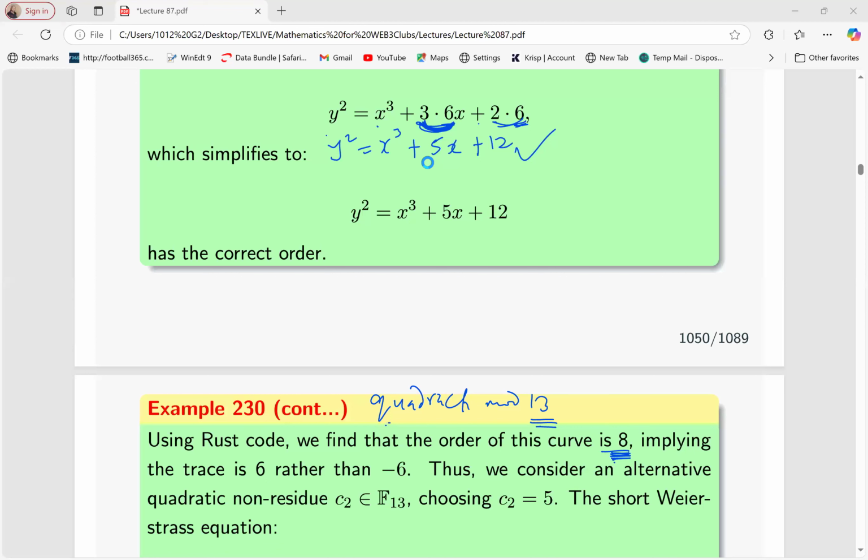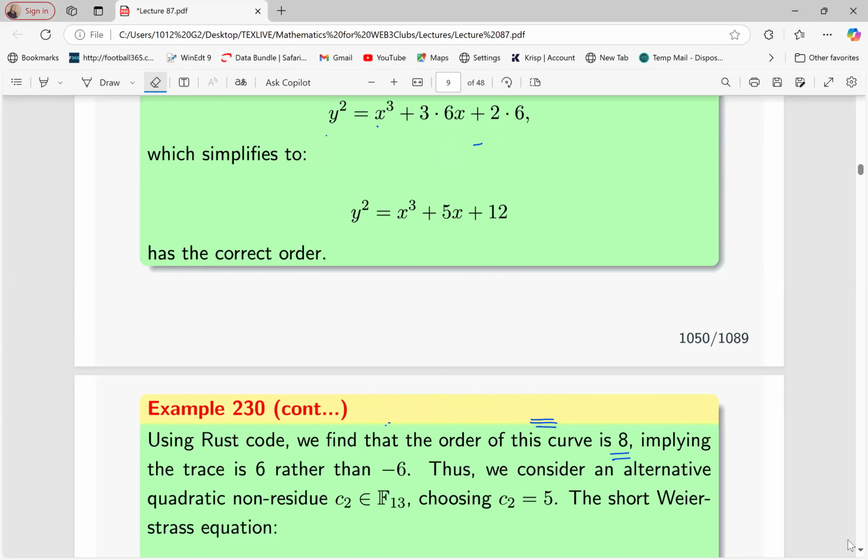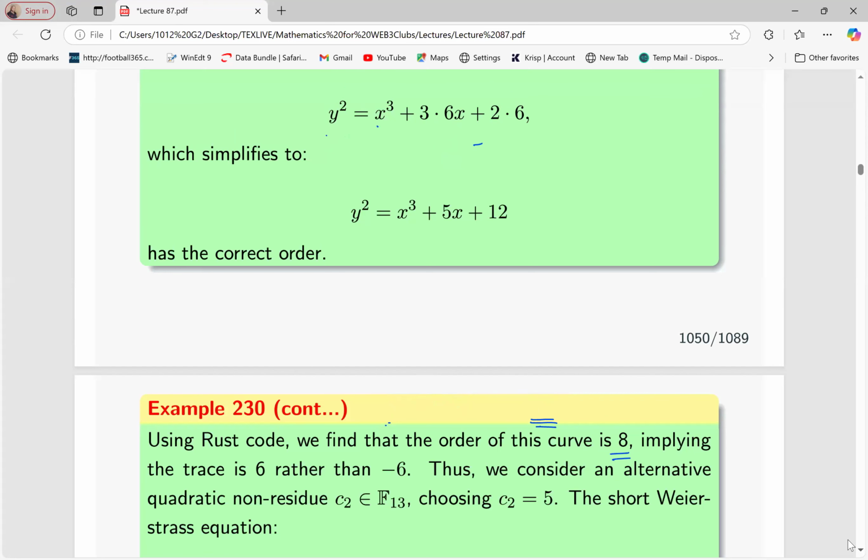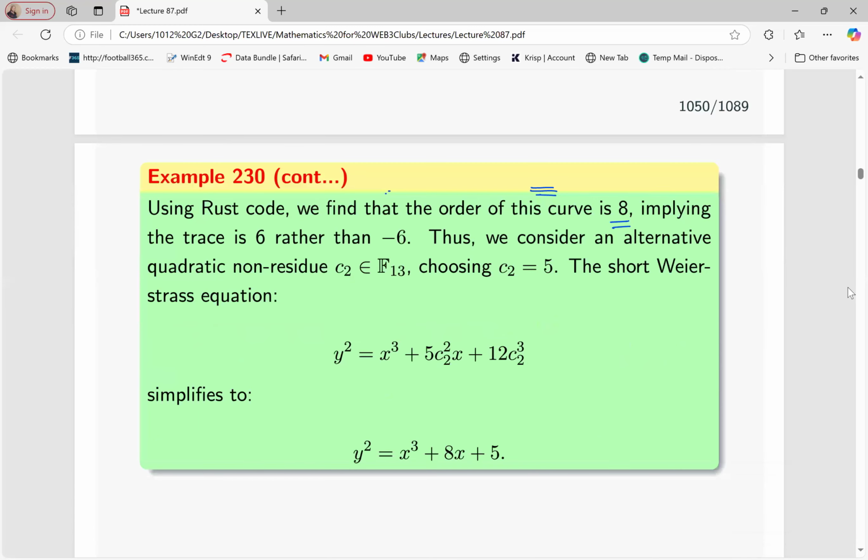If it does not, we pick another one. Of course, at the end of it all, one of them will give you the points you want. So I chose 5. Of course, I chose 2 first, and it was not giving me that. So then I decided to choose 5.